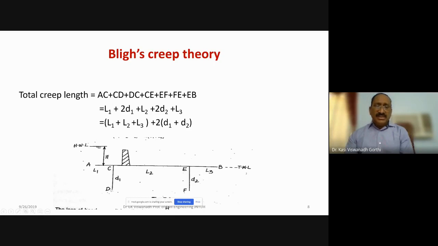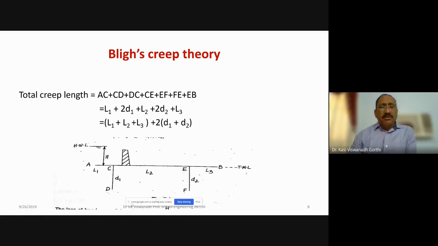From D, once again, it is taking a turn like this and moving from D to C. So CD plus DC plus CE, it is coming up to this point. From E, it is moving down. So EF takes a turn and moves vertically again from F to E. So EF plus FE plus EB. So this is all the total length of the creep which has been assumed by Bligh.